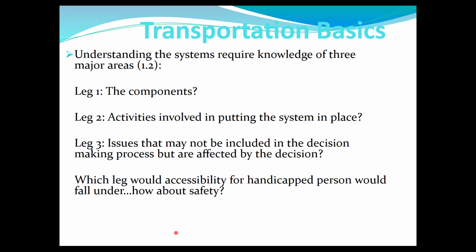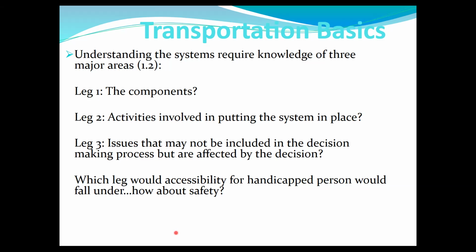And then leg 3 is also interesting and important because when we are doing leg 2 activities and putting together the system, there could be issues that may not be included in the decision-making process, but might be affected by that decision.